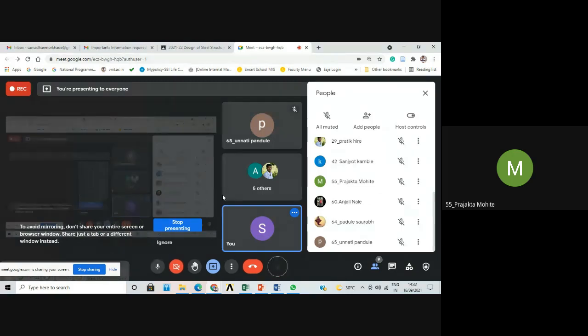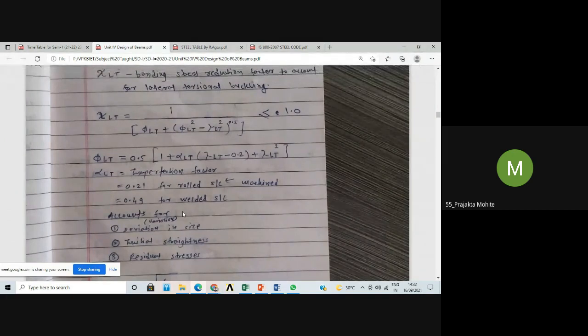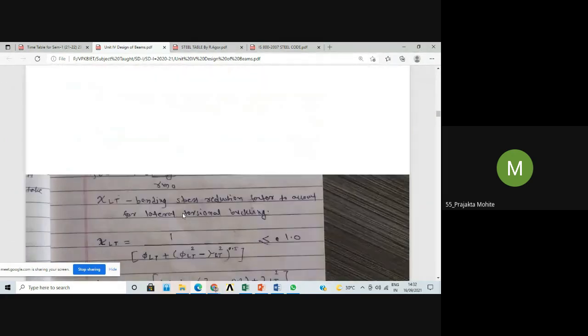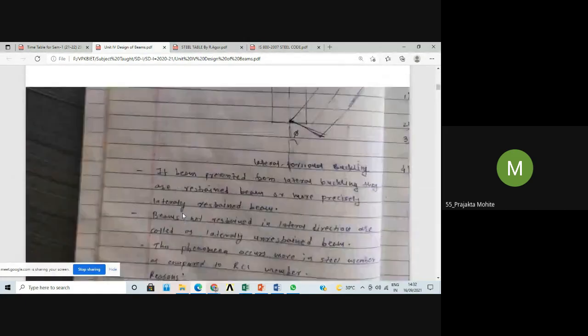We are discussing unit number 4, that is analysis and design of steel beams. In our last two lectures, we have discussed the basic terminologies used for beams.